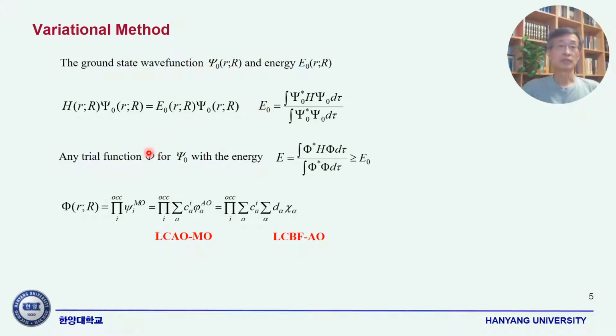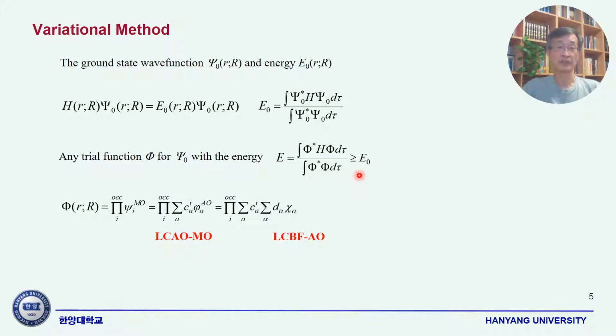So if we try a function to represent the true wave function, no matter how we try, the variational energy based on this trial function is always greater than or equal to E naught.